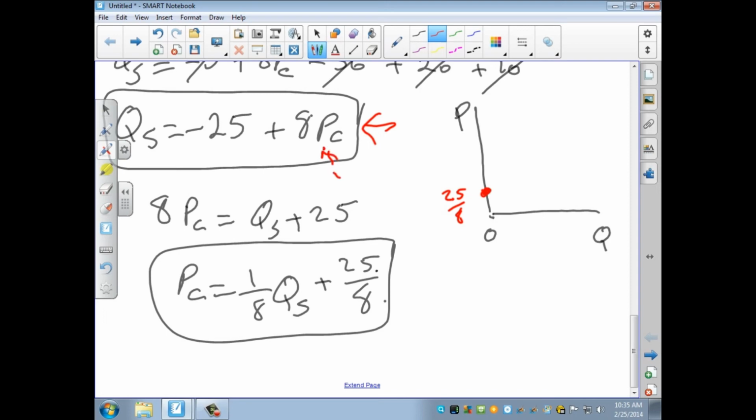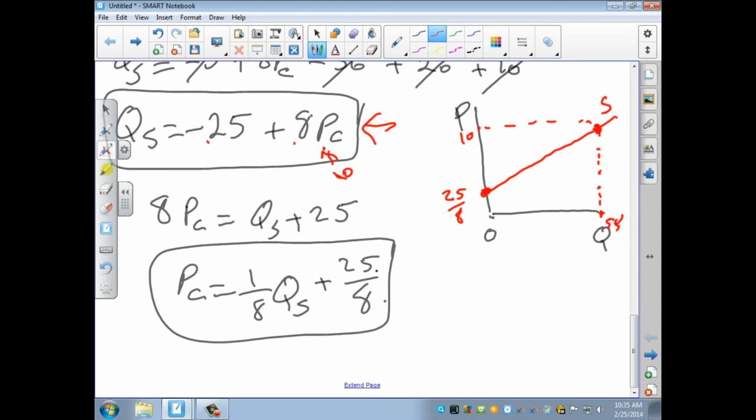So if you plug in 10 here for price of copper, 10 times 8 is 80. 80 subtract 25 from it is 55. So 55 units for Q at the price of 10. So if price is 10 up here, let's assume this is 55. When you connect these 2 points together, you get the supply.